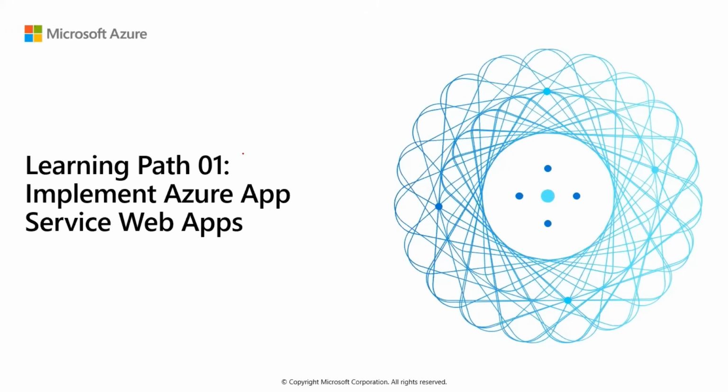Let's talk about a service called Azure App Services. Azure App Services is a platform as a service where Azure is maintaining everything for you, and you just have to create one and then deploy applications on it, right?